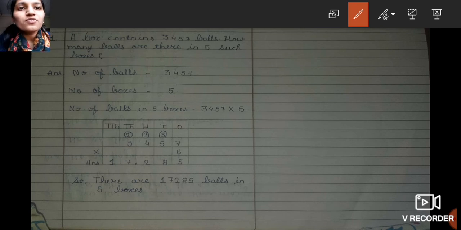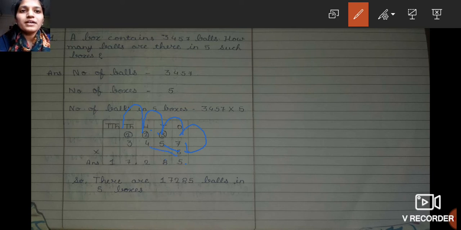First of all we multiply 5 by 7, 5 by 5, 5 by 4 and 5 by 3. 5 sevens are 35, so 5 I have written here and 3 is carry over. Now 5 fives are 25, plus 3 carry over is 28, so 8 I have written here and 2 will be carry over.